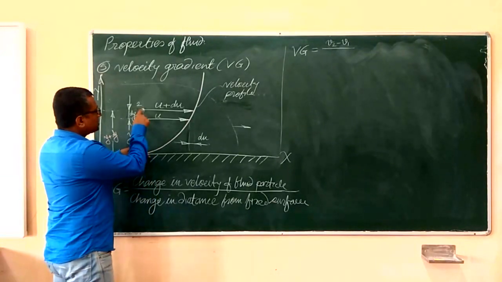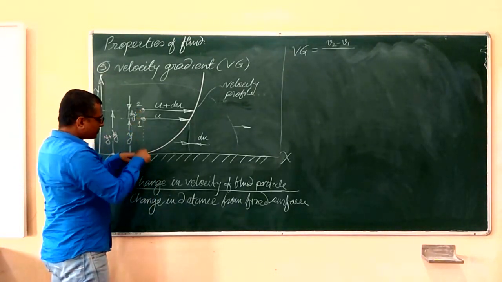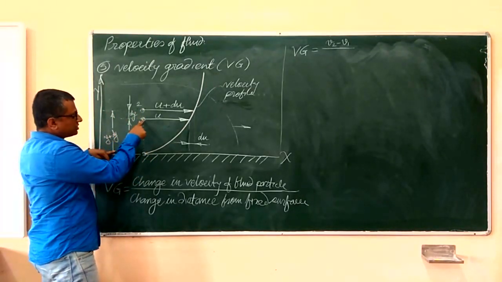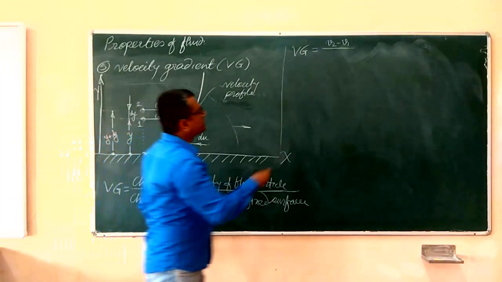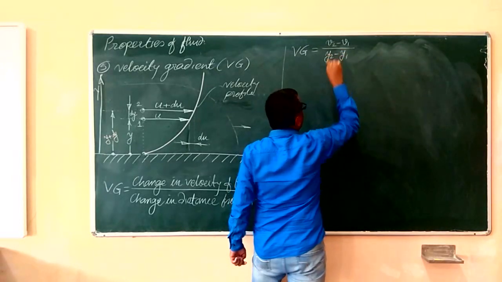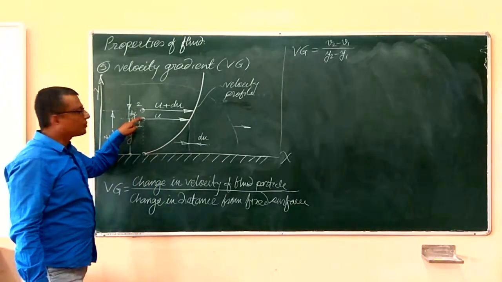So velocity over here is v2, velocity over here is v1, and the distance of this particle from the fixed surface will be y plus dy, whereas the distance of this particle from the fixed layer will be simply y. So in generalized terms, I would like to write it as y2 minus y1. y2 is the y coordinate of particle 2, and y1 is the y coordinate of particle 1.